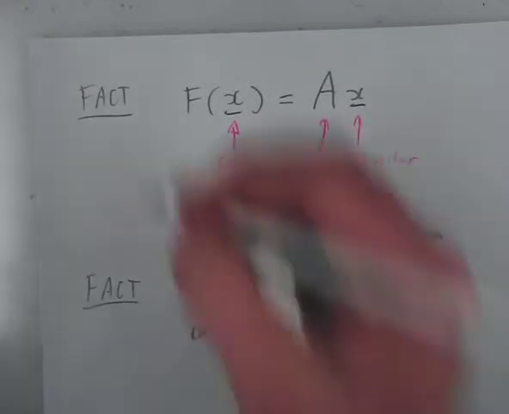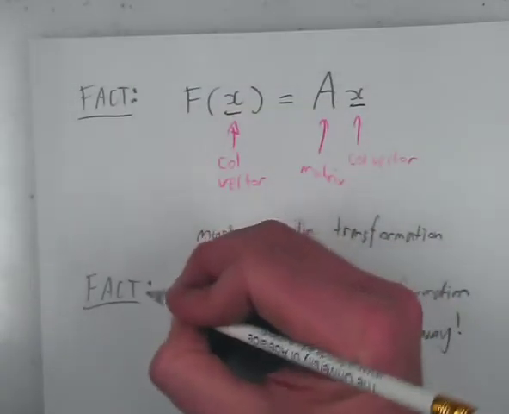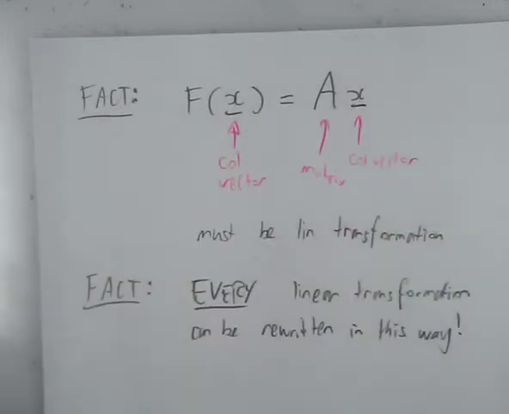The fact is that this is definitely a linear transformation, and it has to be because it's basically just doing linear equations. But every linear transformation can be written with a matrix if we want. In the same way that with subspaces, the span of things is definitely a subspace. Well, in fact, every subspace can be written as the span of something, and that's what a basis is for.